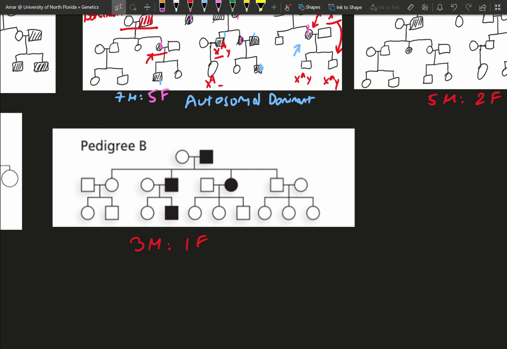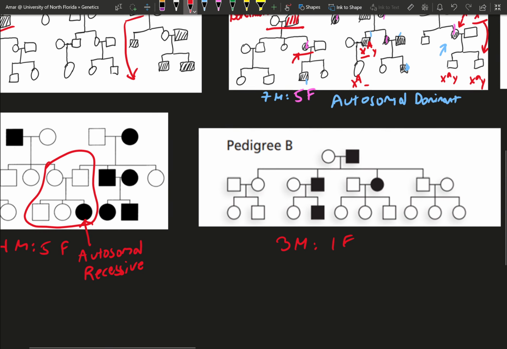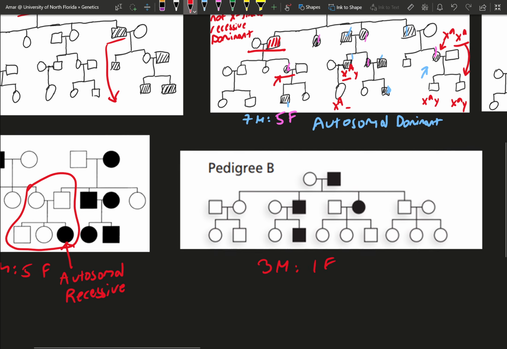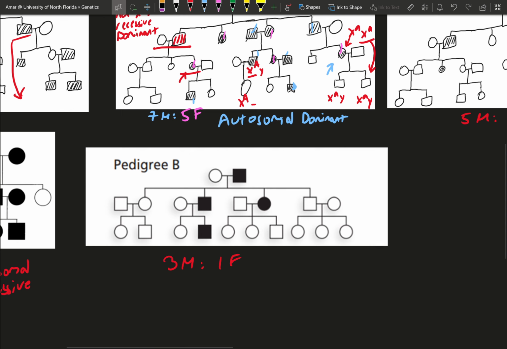So now we need to figure out if this is autosomal recessive or autosomal dominant. With this one in particular, because we don't have a lot of individuals affected with this trait, the most probable assumption here is that this is an autosomal dominant trait.